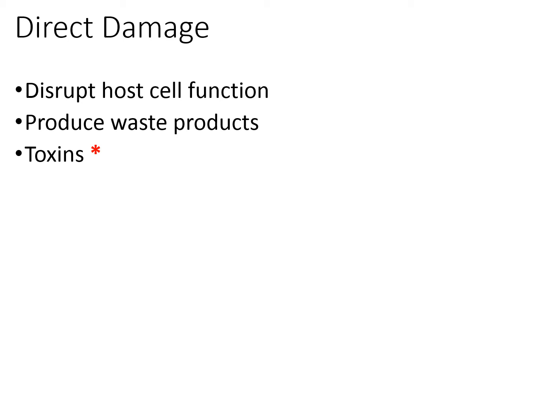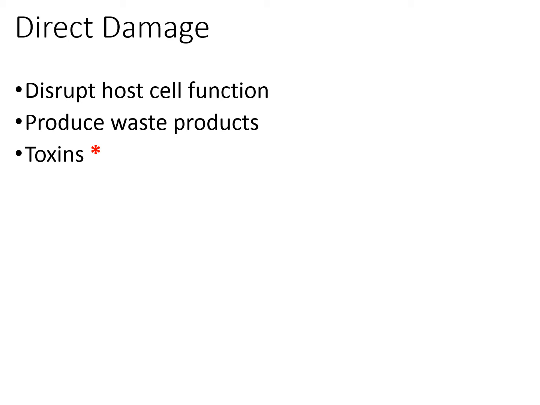And then you know from this chapter that some bacteria in particular are able to penetrate host cells, and as they do that, they can actually damage those cells. So in these ways, stealing nutrients, producing waste products that are harmful, rupturing cells, and penetrating cells, pathogens can cause direct damage to host tissues.